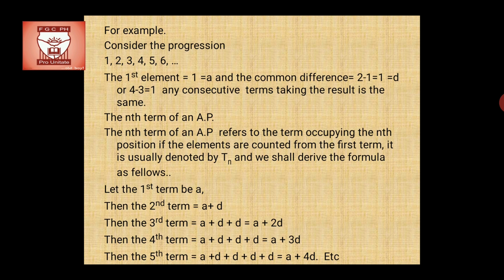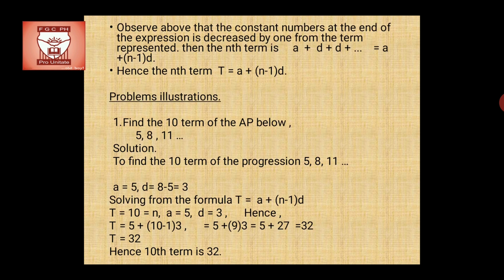You can also consider the fifth term. You have A plus 4D when you add the 4Ds, etc. Observe above that the constant number at the end of the expression is less by 1 than the term represented.